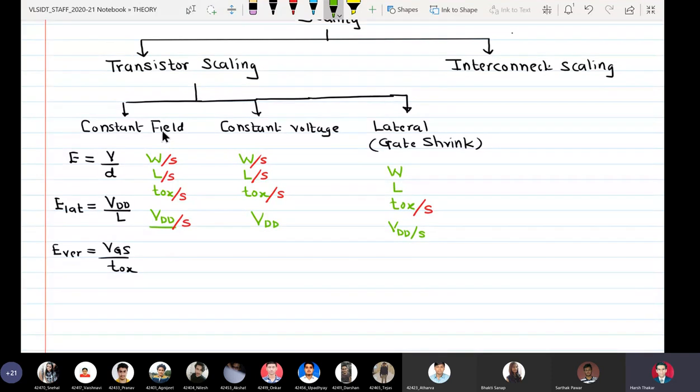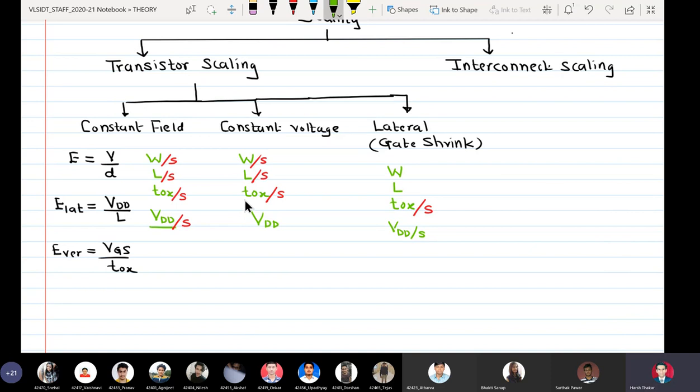and let me tell you that this constant field scaling is found to be the best because it is that scaling in which we get enhancement in all three design parameters, that is speed increases, area reduces and power dissipation reduces. But in the other two kinds of scaling, constant voltage and lateral scaling, sometimes we get reduction in power dissipation, but the area increases.